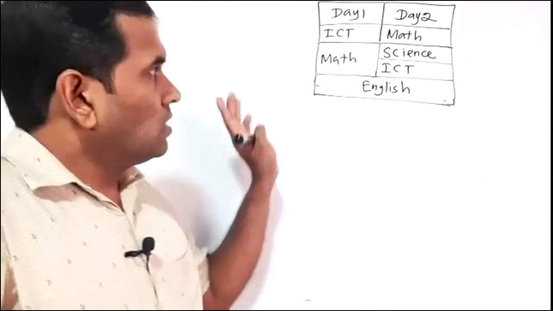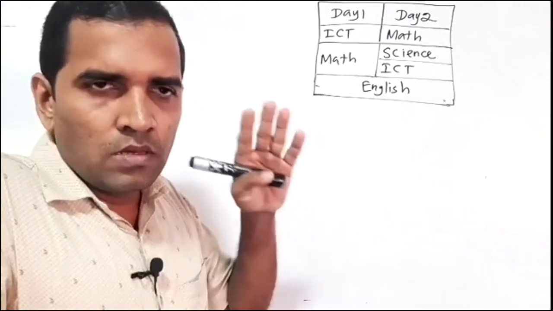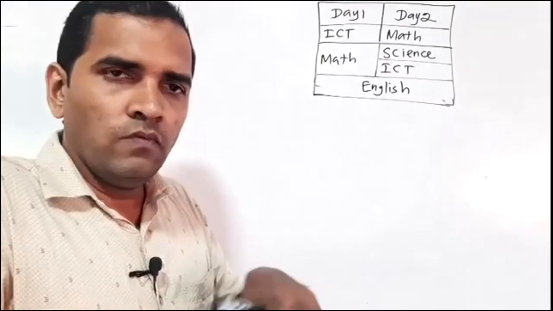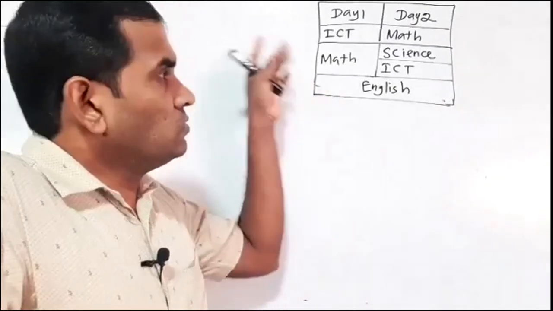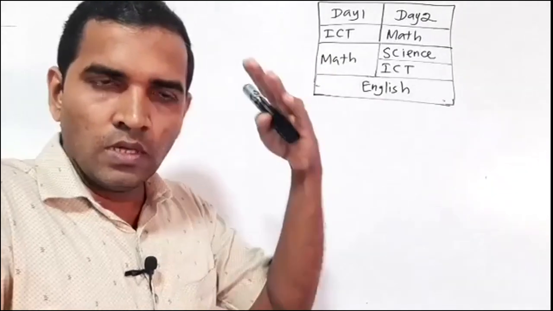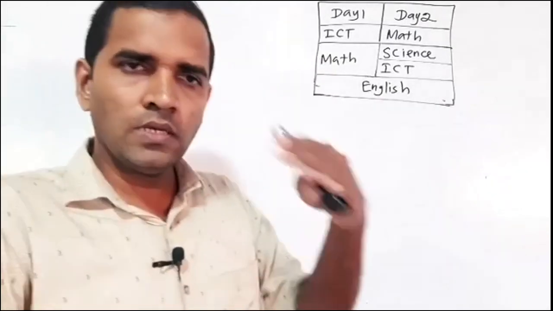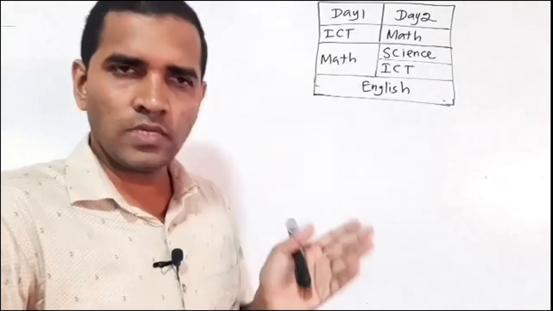Look carefully. As we discussed earlier, when you start creating a table, you have to check the number of rows, because in HTML, a table is created row by row. So without knowing the number of rows, you cannot create the table.